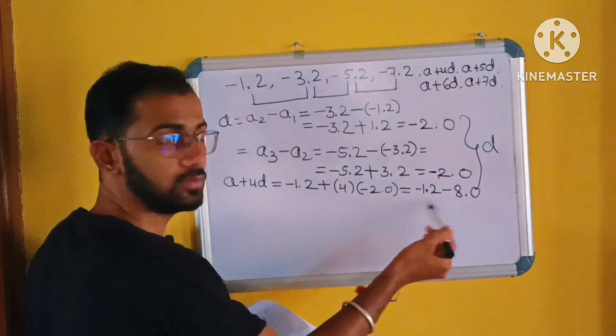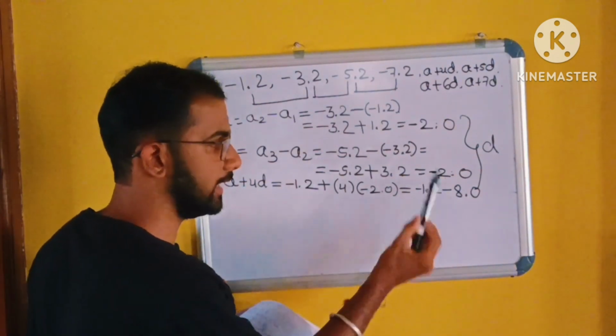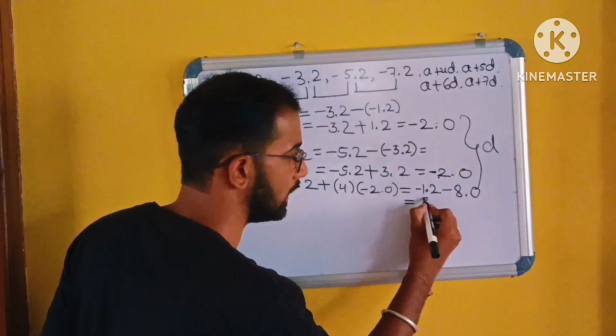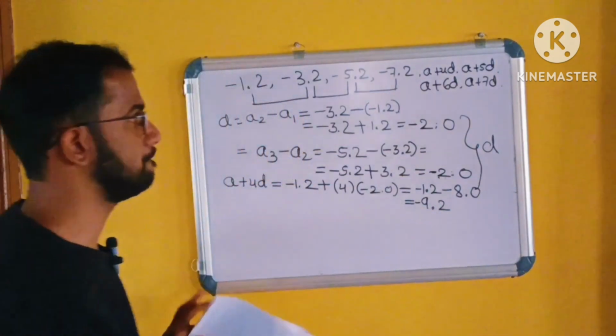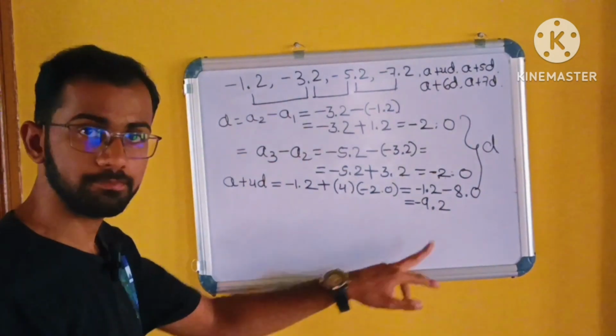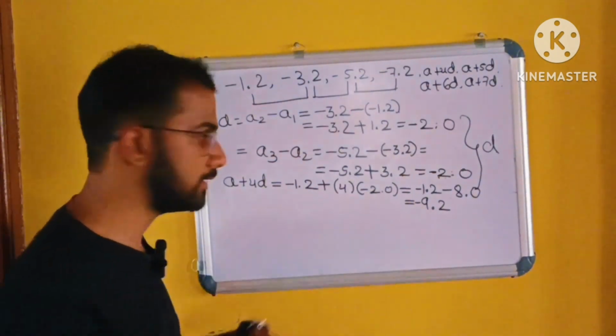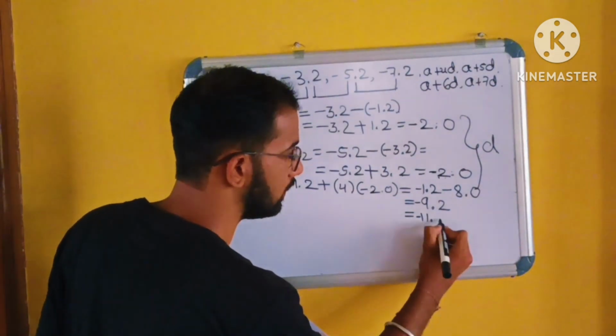If you add, both signs are same, we get a value of minus 9.2. If you add again minus 2 to this, we get a value of minus 11.0.